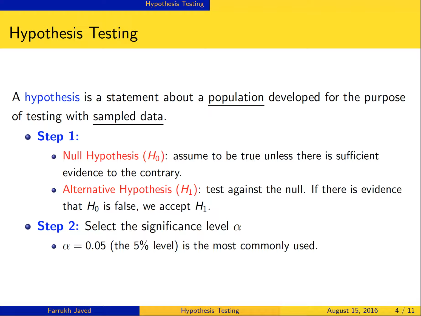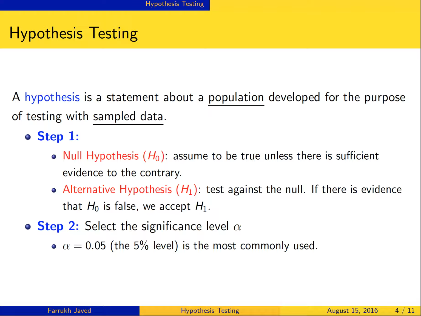Sometimes we do know about some specifications. If the population mean is not equal to the sample mean, it is also possible that the population mean is greater than the sample mean, and it is also possible that the population mean is smaller than the sample mean. So sometimes we do know those specifications.